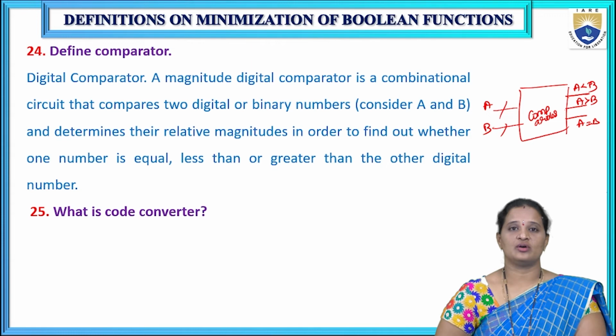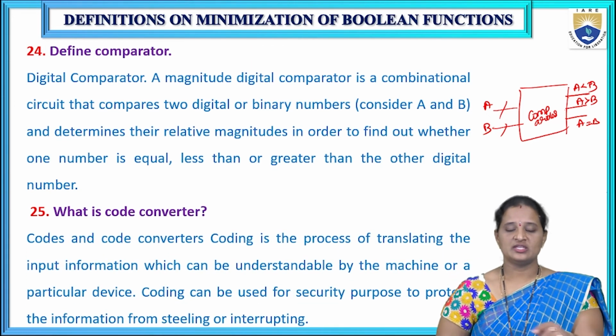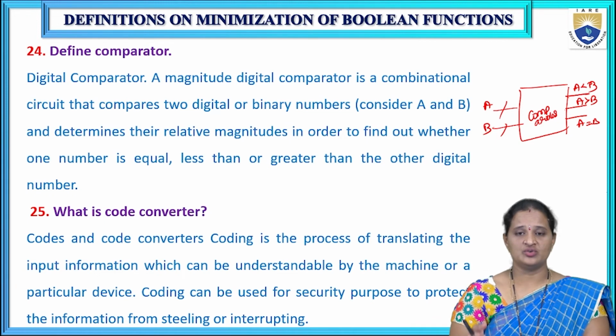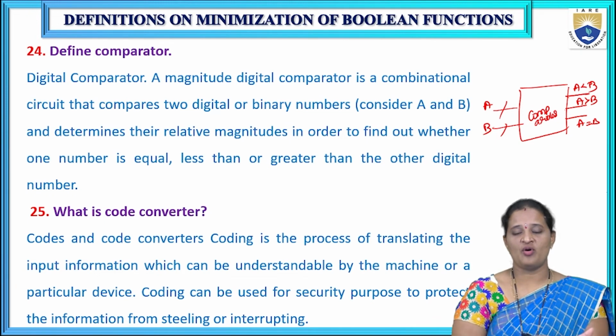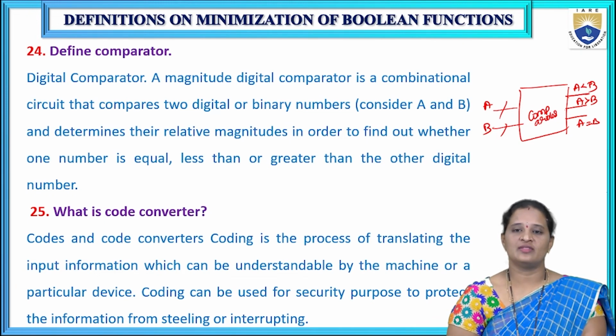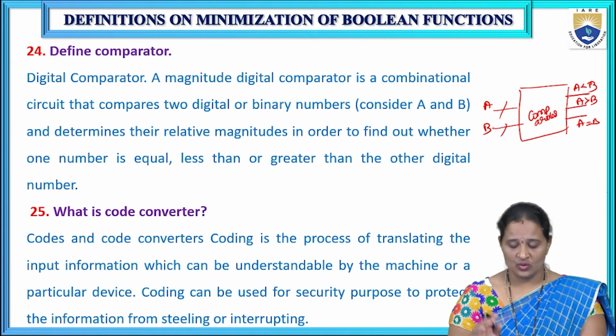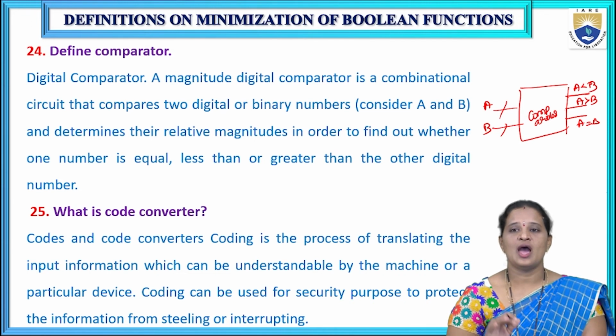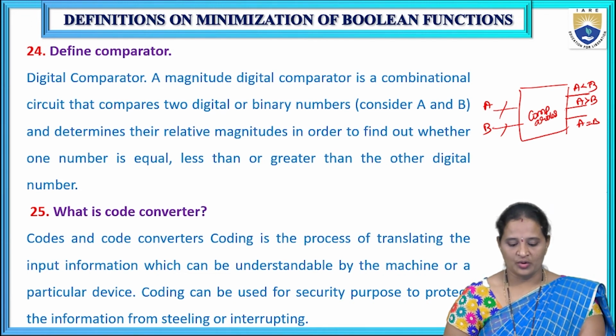Now, code converter. What do you mean by code converter? A code converter is also a combinational logic circuit which is used to convert one form of binary code into another form. So a code converter is a combinational logic circuit which can perform the conversion of one form of binary code into the other form of binary code.